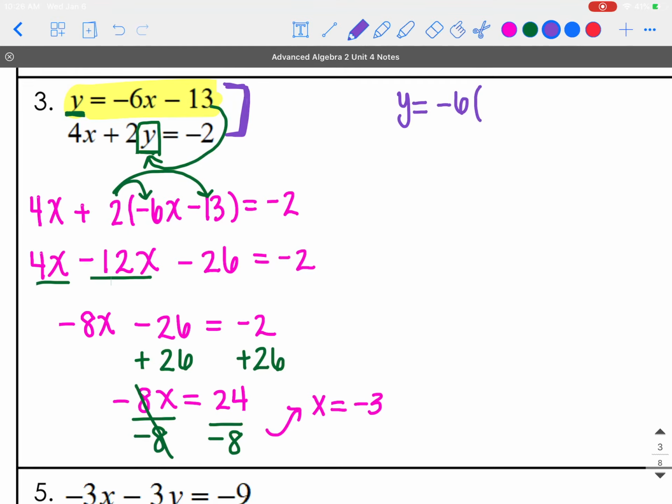Now I know that x is -3 minus 13. So this would be 18 minus 13, which is 5. So my solution is -3, 5.